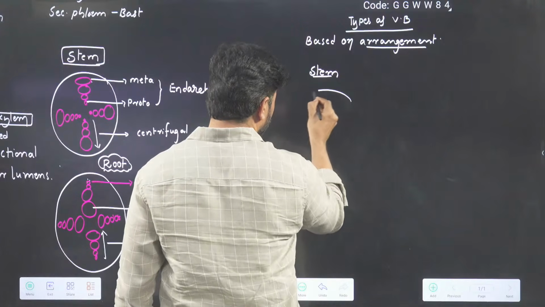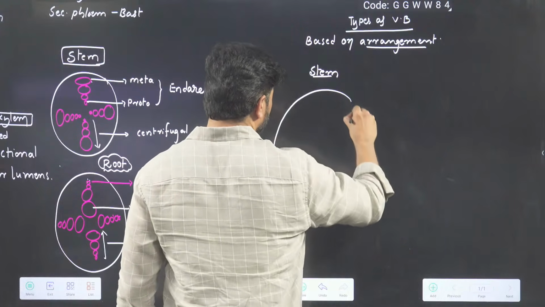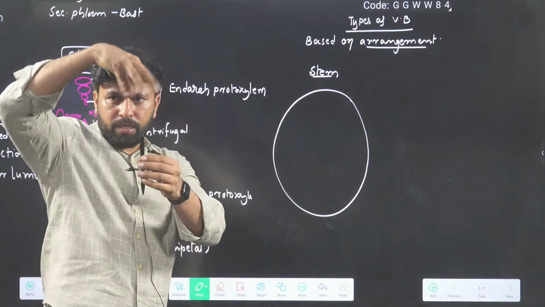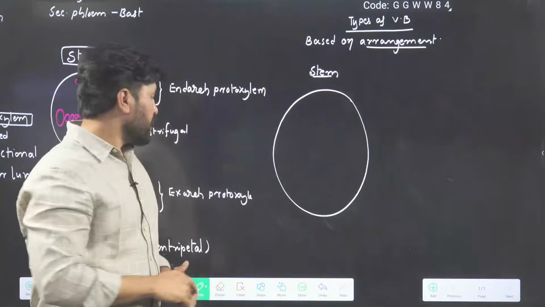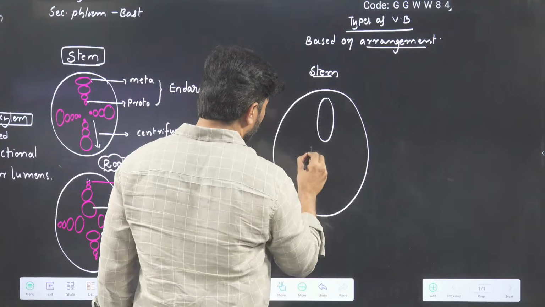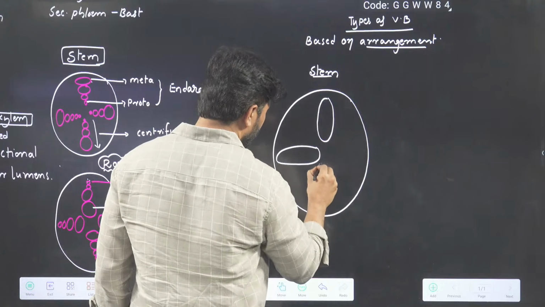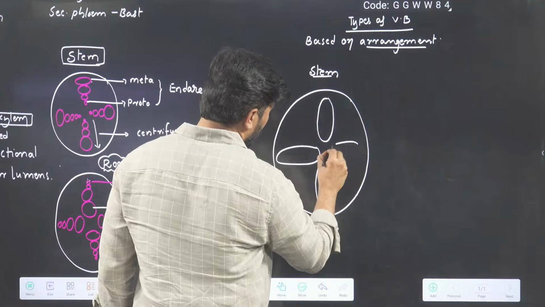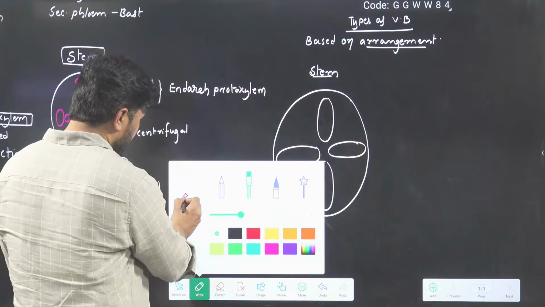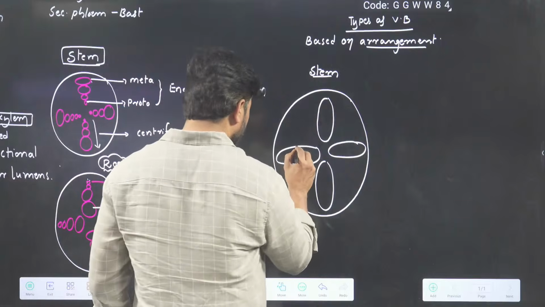In the cross section of the stem, that is the transverse section, watching from the top, I could see vascular bundles like this. Xylem and phloem are arranged like this.